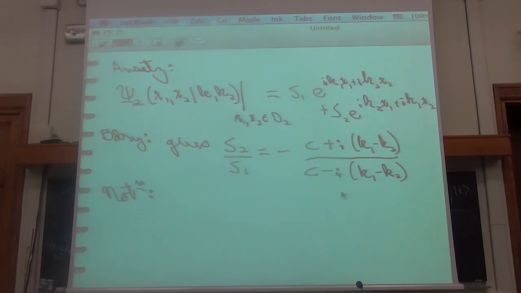Therefore, K1 and K2 have to be complex conjugates of each other, or at least they have to have cancelling imaginary parts. Then if they're complex conjugates of each other, you see immediately that the energy is also real. So that's good. So if I consider, for example, a K1 which has an imaginary part, then I can look at my wave function here. And here you see we haven't even specified the boundary conditions. We're just writing the Schrödinger equation on the line.